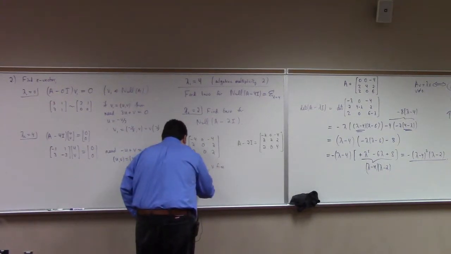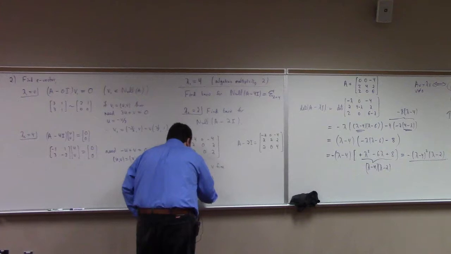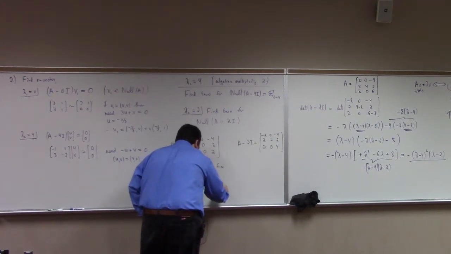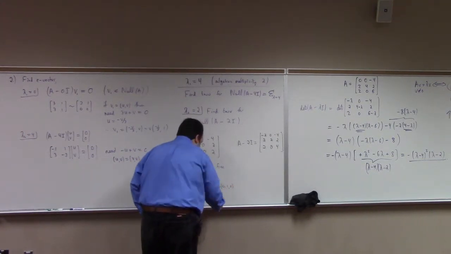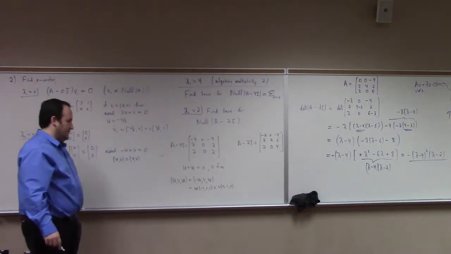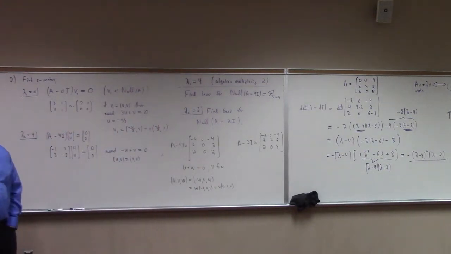It's minus W, comma V, comma W. So that's W times minus 1, 0, 1, plus V times 0, 1, 0. So minus 1, 0, 1, and 0, 1, 0, those are a basis for the lambda equals 4 eigenspace here.